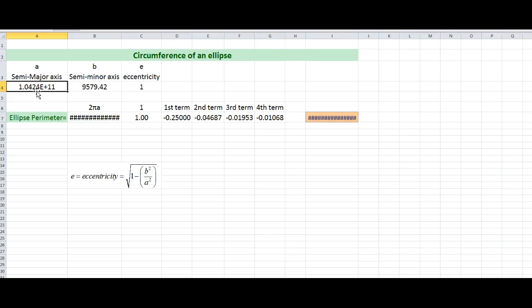Oh boy, I really messed that up, didn't I? 10,424.1. Okay. And we got eccentricity 0.39433, and perimeter 62,870.97 units. Okay. So you can calculate the perimeter of any ellipse. Just plug in the semi-major axis and the semi-minor axis.